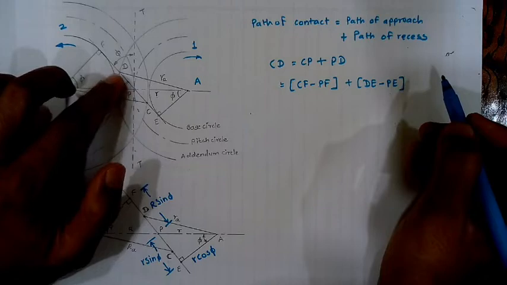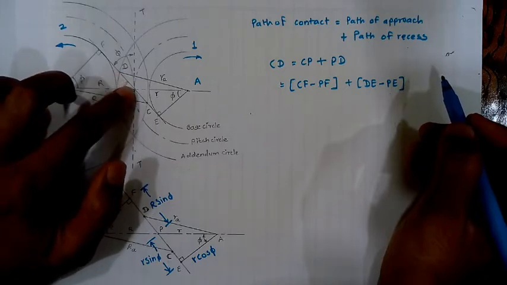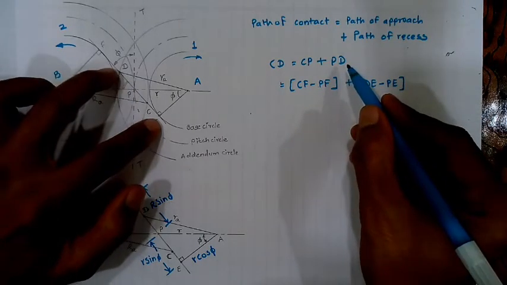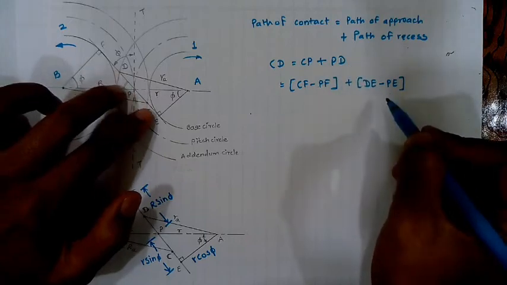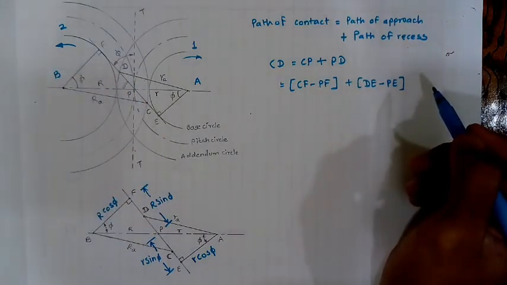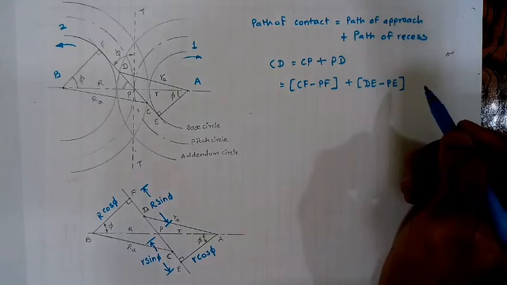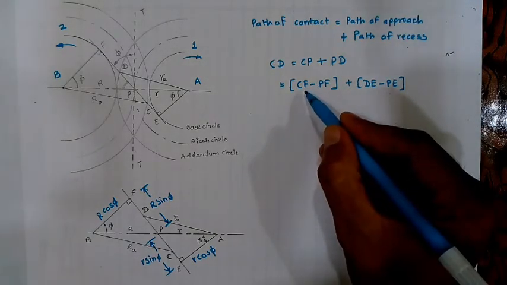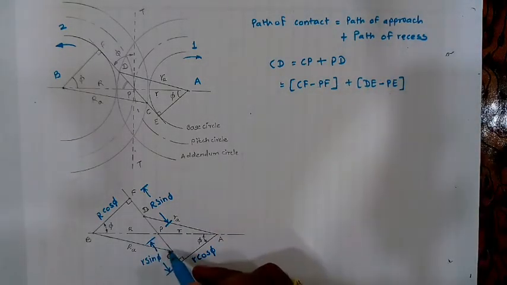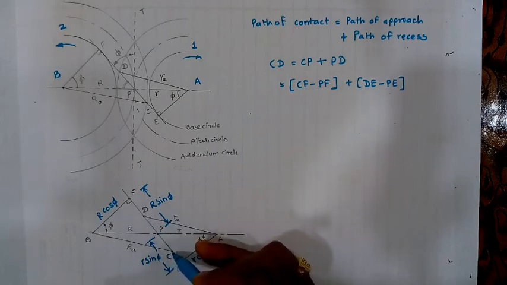So I am going to write this PD as DE minus PE. Now I want to find out the distance CF.